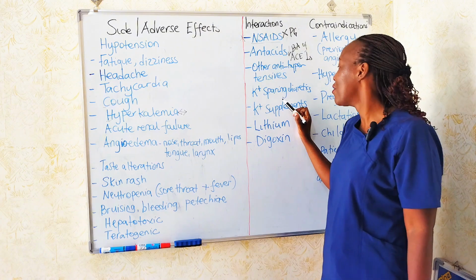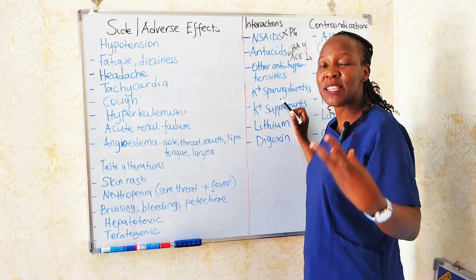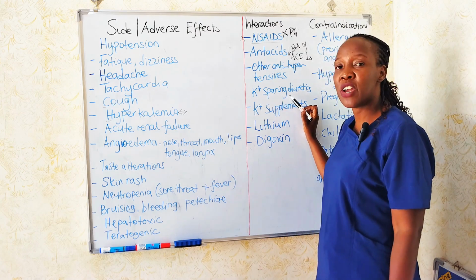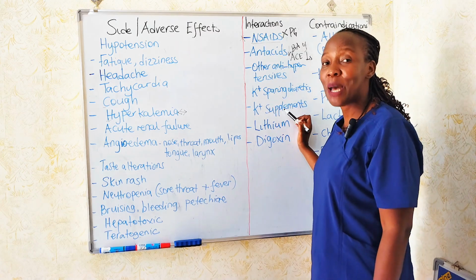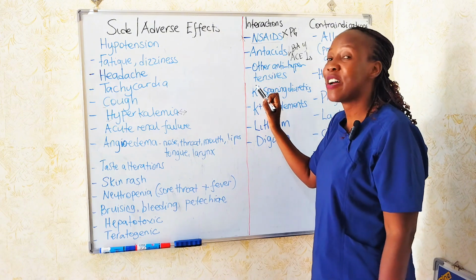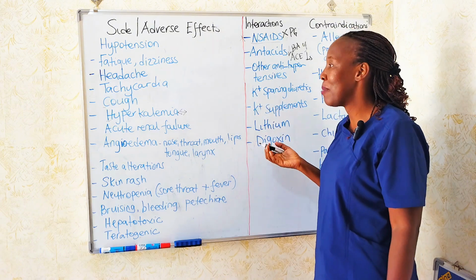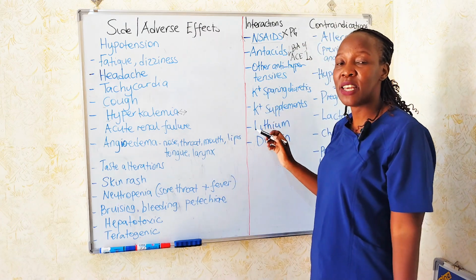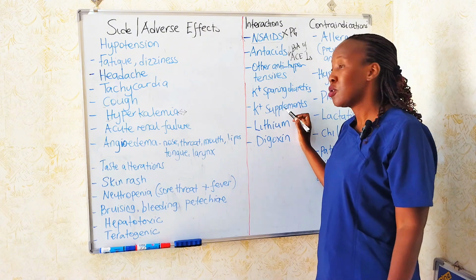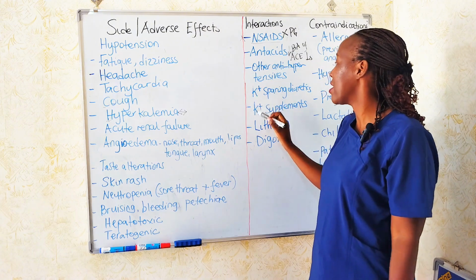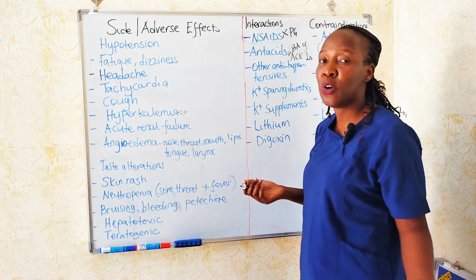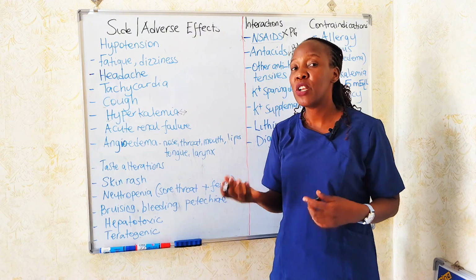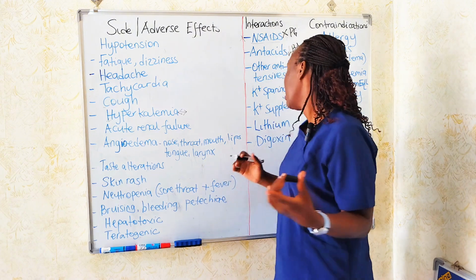So again, if you give the drugs with other drugs that also raise potassium level, like potassium sparing diuretics or potassium supplements, these are going to aggravate the hyperkalemia because they're just going to exacerbate the hyperkalemic effects of the ACE inhibitors. So we don't want to give those drugs concurrently. Examples of potassium sparing diuretics would be such a drug like spironolactone or amiloride or triamterene, etc.